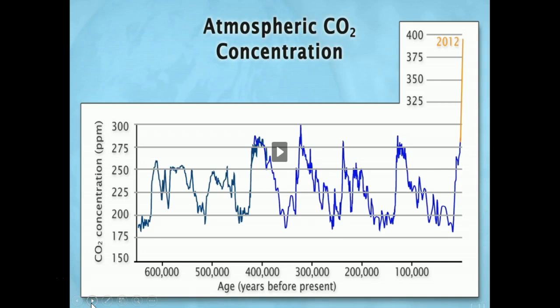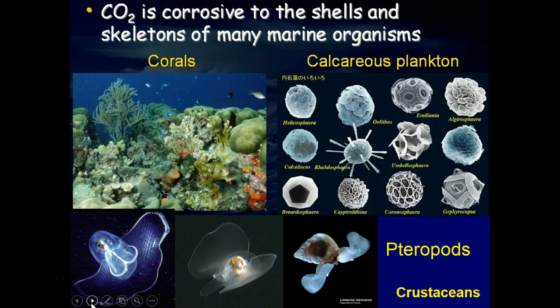But one of the most important organisms that has a limestone shell are plankton. In fact, we often describe them as calcareous plankton. These little pictures here that you see are all types of photosynthetic single-celled organisms.